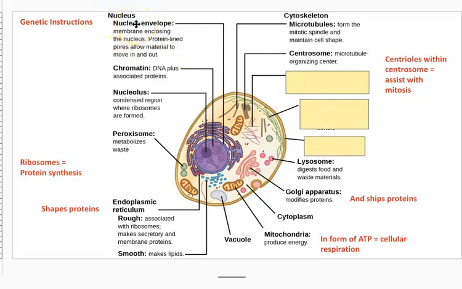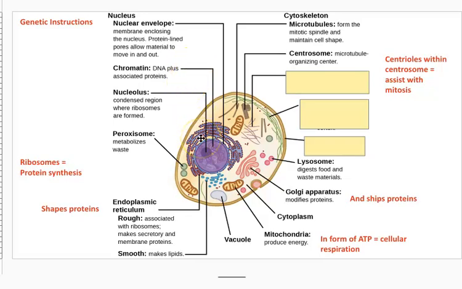The simplest definition of the nucleus is it contains the genetic instructions. Every protein in your body has instructions. Those instructions are within the nucleus, specifically within the chromatin, within the DNA.